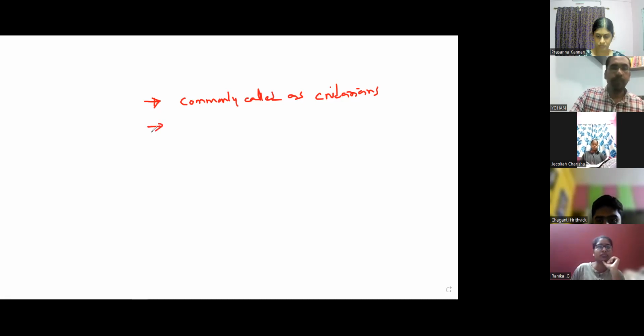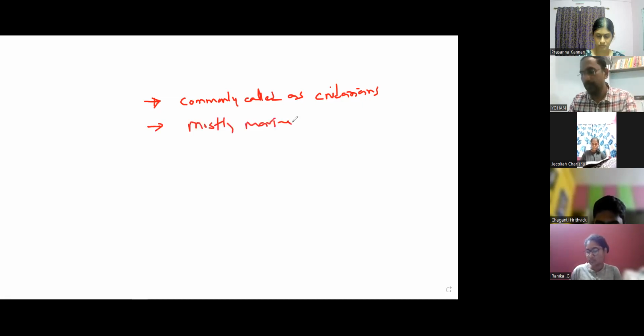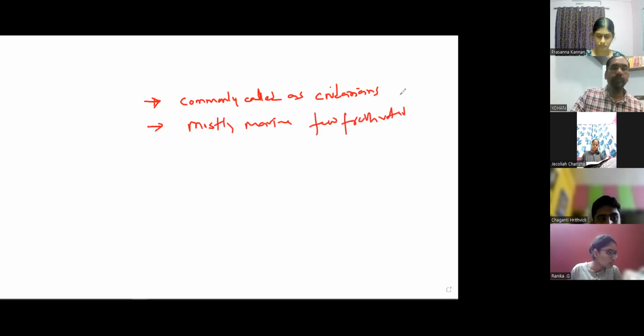Habitat. Same, mostly marine. Few freshwater. Mostly marine, few freshwater.